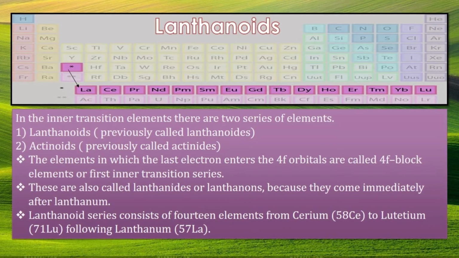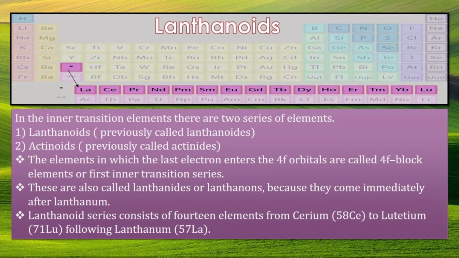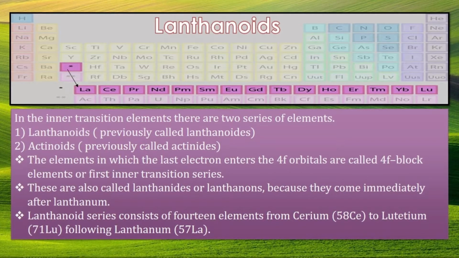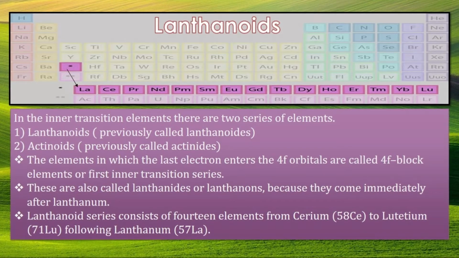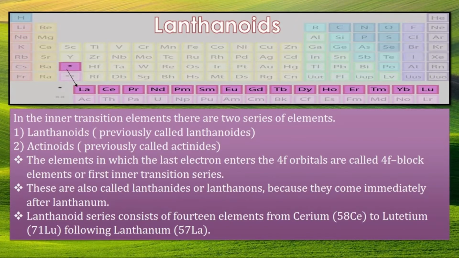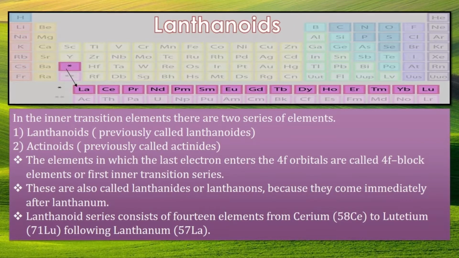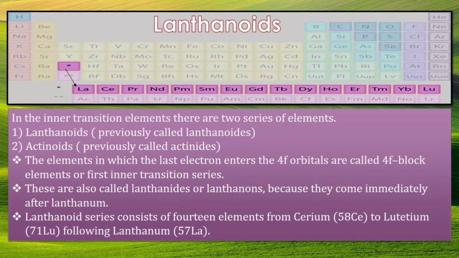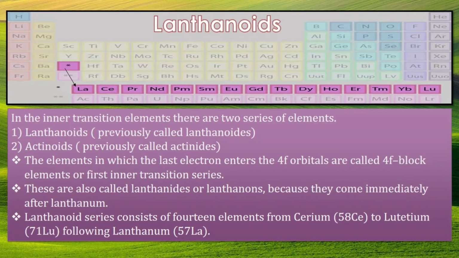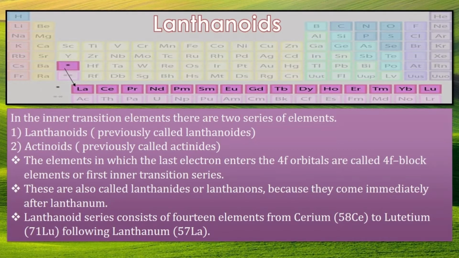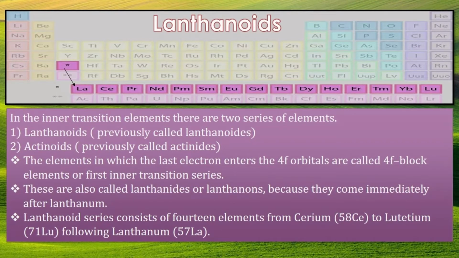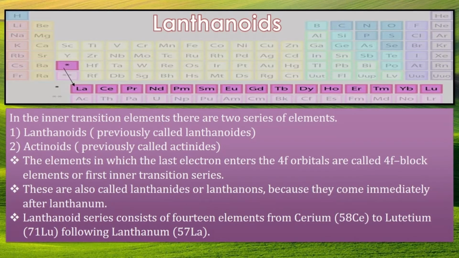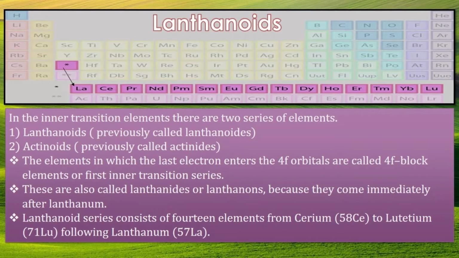If you take the inner transition elements which are placed at the bottom of the periodic table, there are two series of elements. The first row of elements will be called lanthanoids and the second row of elements will be called actinoids. You may ask why those elements are named lanthanoids.